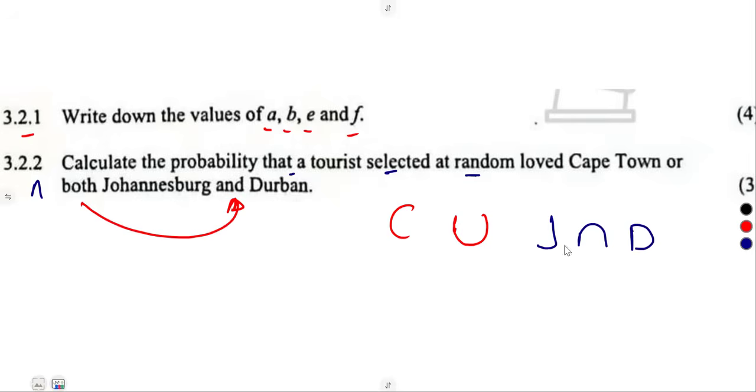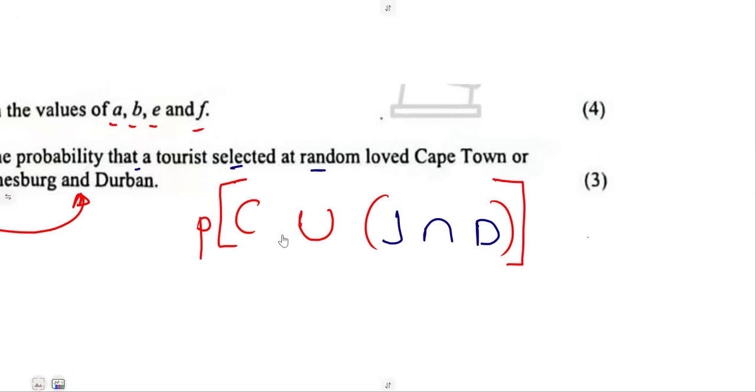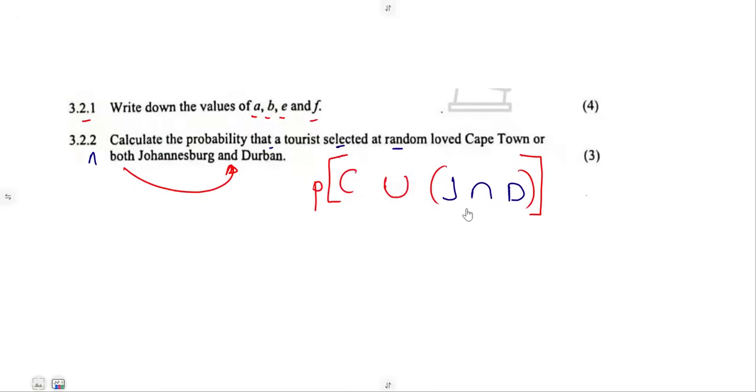There's an intersection there. So this is our condition. So it is the element C union J intersection D. So in terms of probability, we are saying it is the probability of this, if we can find the presentation which represents this set, C union J intersection D.